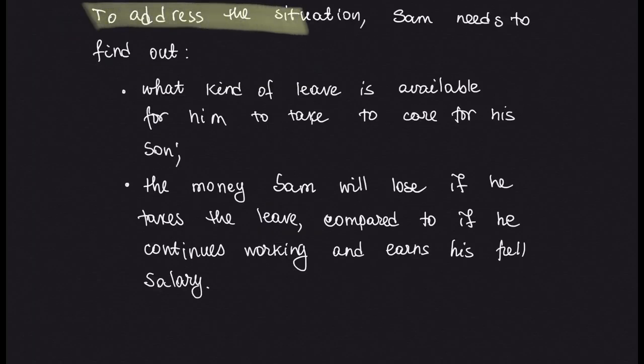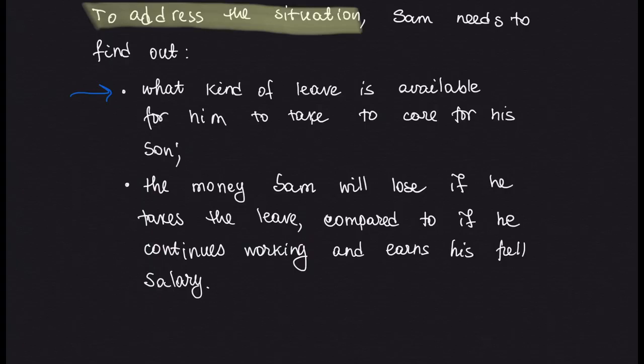So then to address the situation, Sam needs to find out a few things. So first of all, Sam needs to find out what kind of leave is available for him to take care of his son.